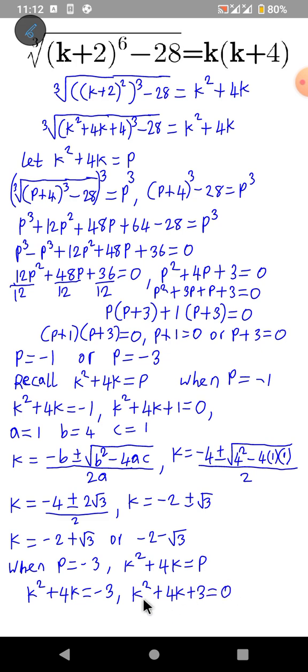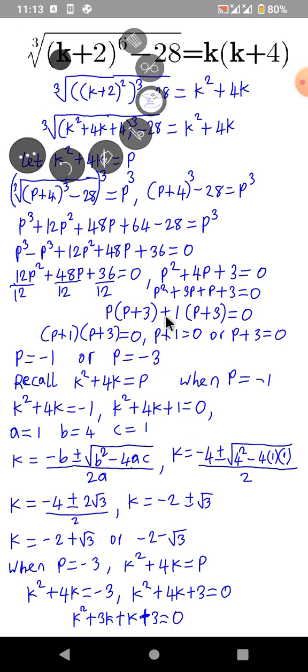Now this is a quadratic equation. I'm going to solve this one using the factorization method. So we say k square plus 3k plus k plus 3 all equal to 0. Then we continue again.